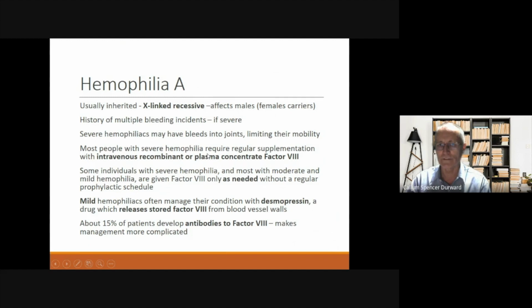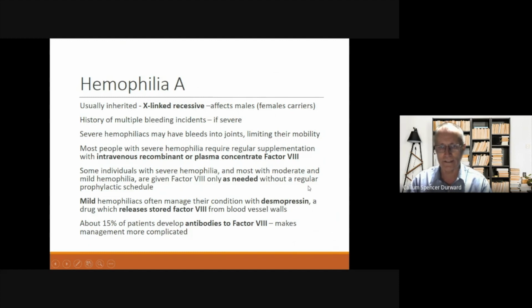Most people with severe hemophilia require regular supplementation with intravenous recombinant or plasma concentrate factor VIII. Some individuals with severe hemophilia and most of those with moderate and mild hemophilia are given factor VIII only as needed, without a regular prophylactic schedule.